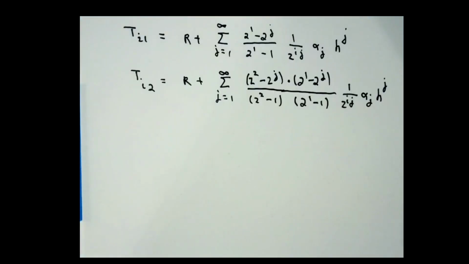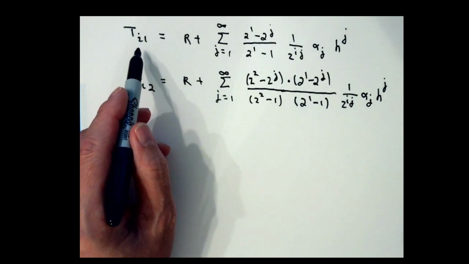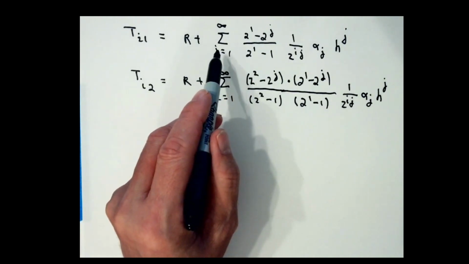Before we proceed, let's state the results that we just got. The initial approximations were in column k equals 0. The numbers that were in column k equal 1, T_i1, are the actual thing we would like to know plus a sum.